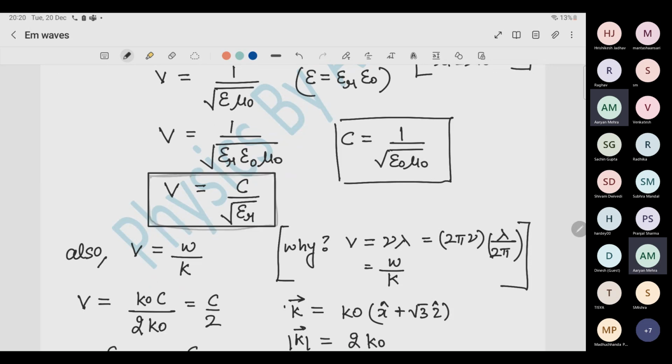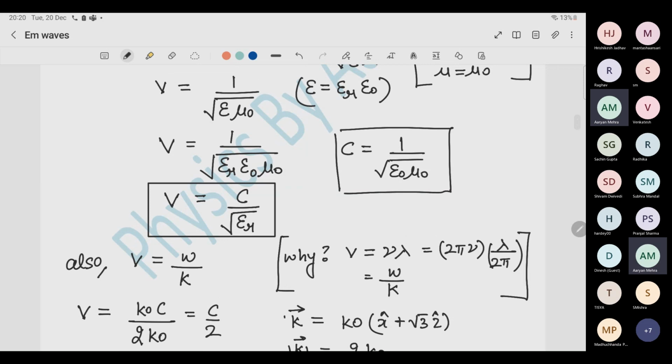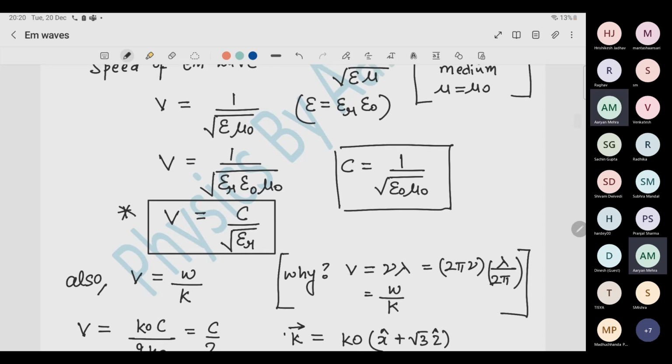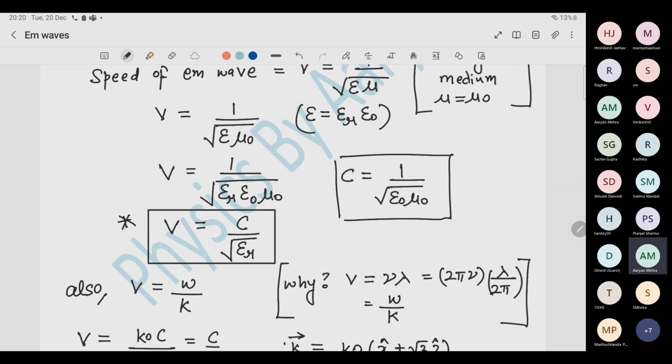So how many of you understand this formula? This formula is also very important. Tell me, do you all understand this? Yes, sir. Okay. And one more statement which I want to make here is refractive index is N, right?